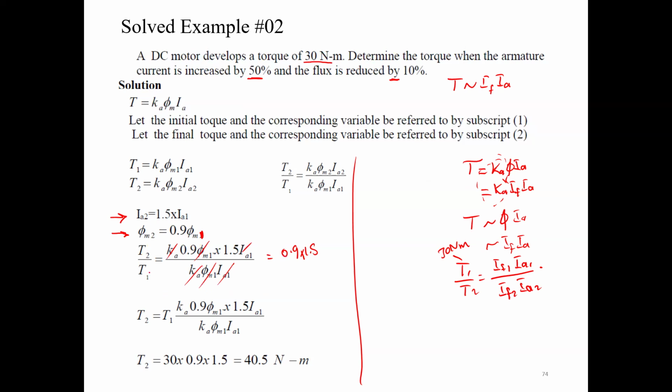So this is T2 divided by T1. So we can say now T2 equals 30 Newton meters times 0.9 times 1.5. So the new torque value is 40.5 Newton meters. So this is the new value of our torque that is needed here.